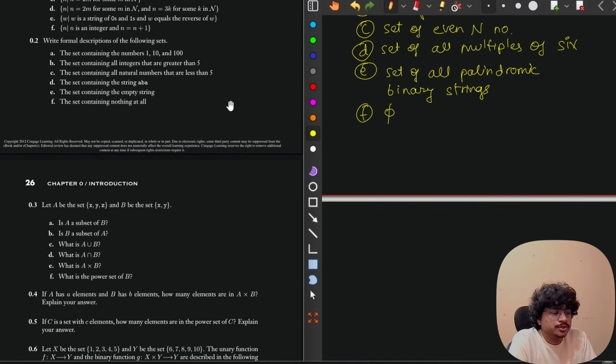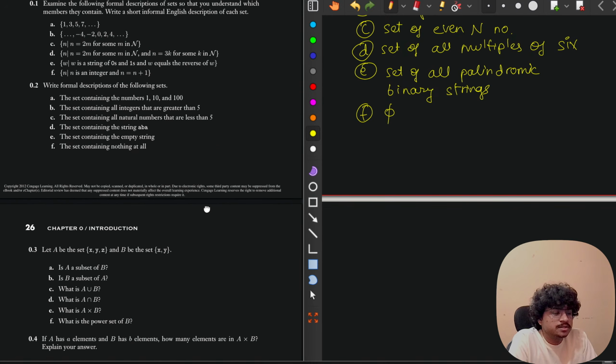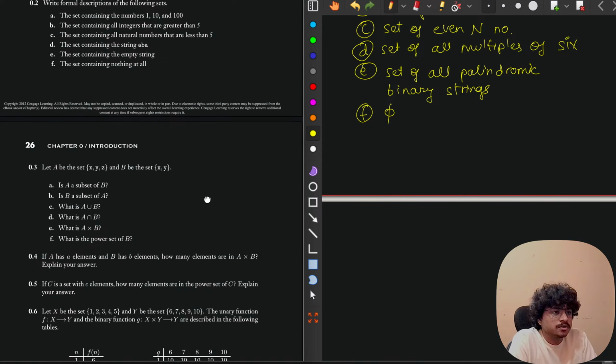Okay, so question 2. Write formal descriptions of the following. First, the set containing numbers 1, 10, and 100. I can write simple sets, right? So it will simply be 1, 10, 100.